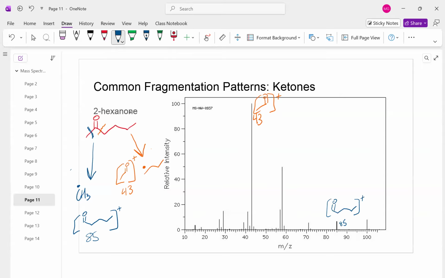Now, this one here, I forgot to address, at 100. That is our molecular ion. So that's the whole ketone minus an electron, so it's a radical cation.